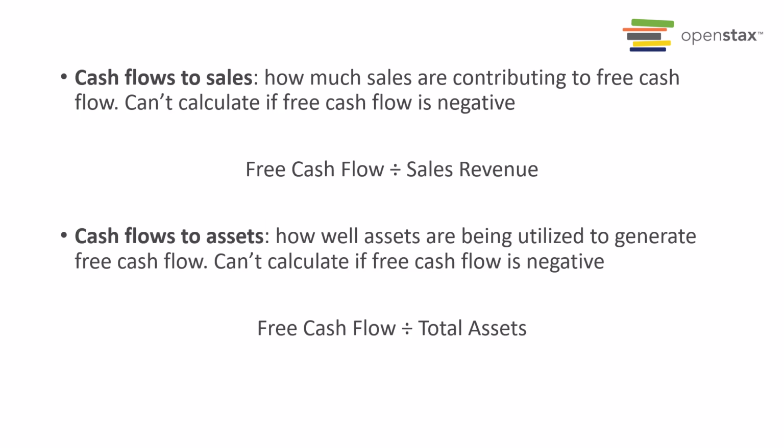Once we have our cash flow statements, we can also combine the information from a cash flow with information from our income statement and our balance sheets to get a little bit more depth of understanding on that liquidity. So the cash flow to sales ratio shows how much actual sales are contributing to our free cash flow. If you have negative cash flow, you actually can't calculate this.